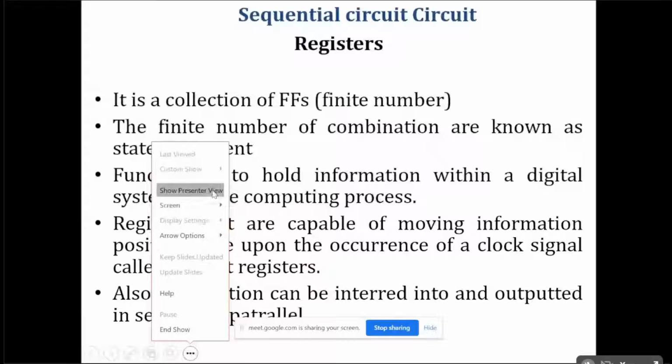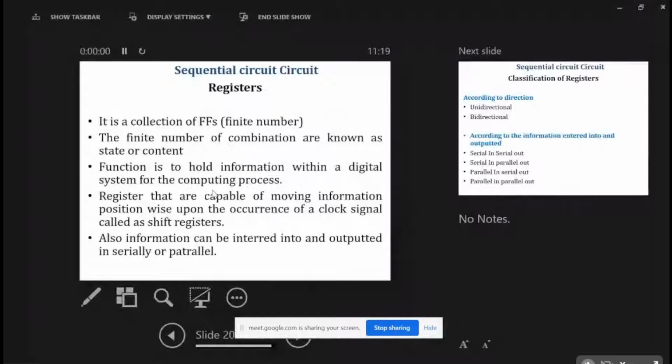As we all know, one flip-flop saves 1 bit of information. So if we require a circuit which can hold n bits, then we require a collection of n flip-flops.